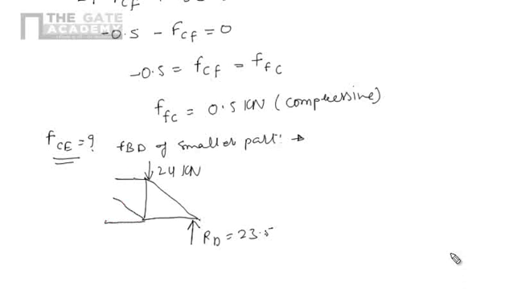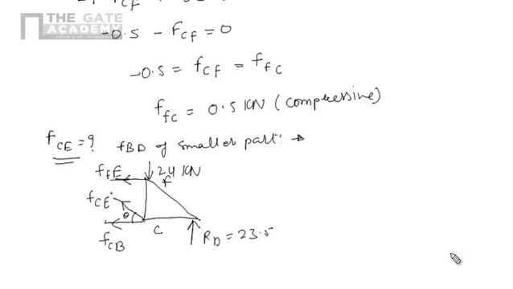According to our assumption, we show the forces as tensile, away from the joint. This joint is F, and this force will be FE. This force will be CE. This joint is C, away from the joint, and this force will be FC. So this is the free body diagram for this cut section, and we want this angle theta.